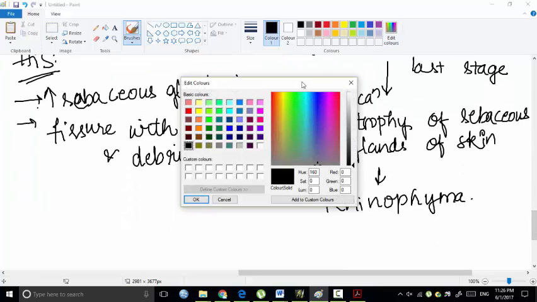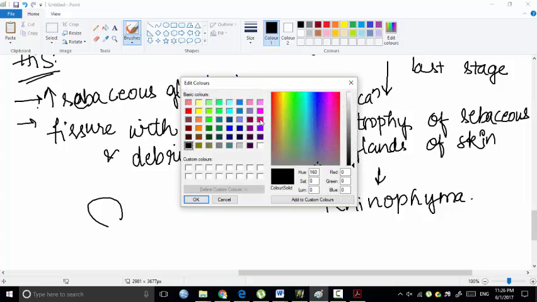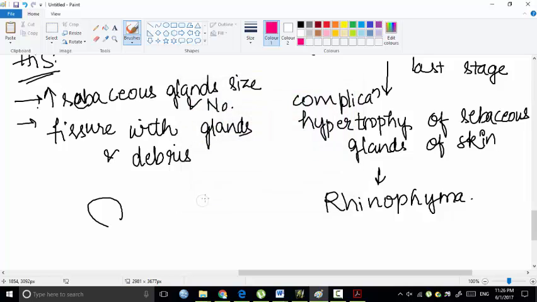It might be something like, if I have to draw this, I might be drawing it in this way. If you see the sebaceous glands, this is one sebaceous gland.